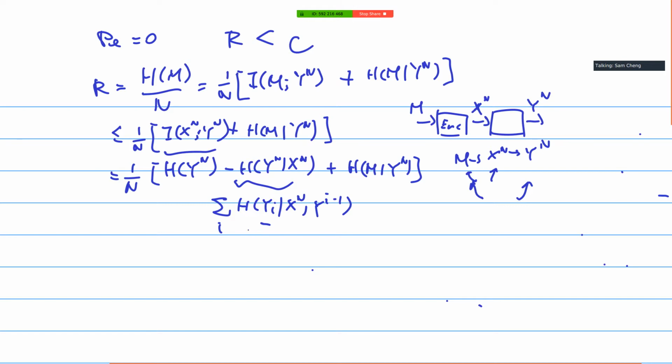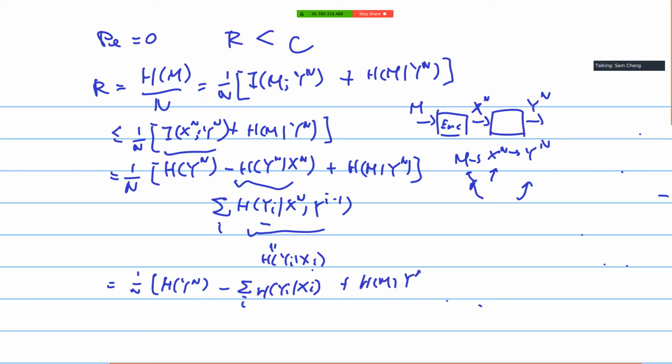Therefore this should be just equal to H(Y_i given X_i). So this is equal to 1 over n, H(Y^n) minus the sum over i of H(Y_i given X_i) plus H(M given Y^n).